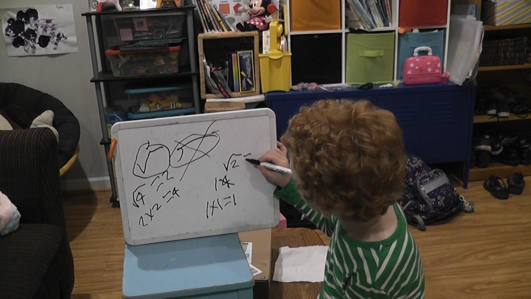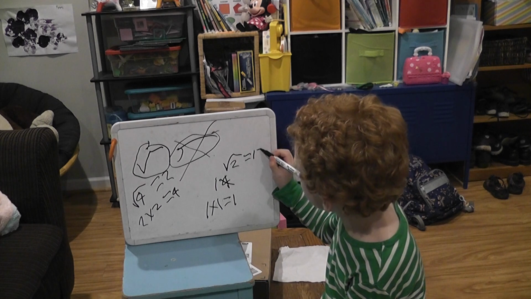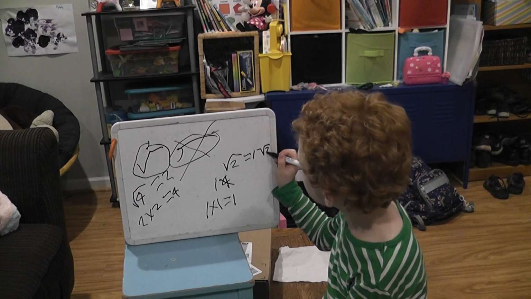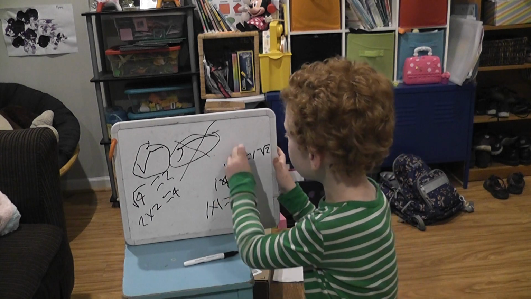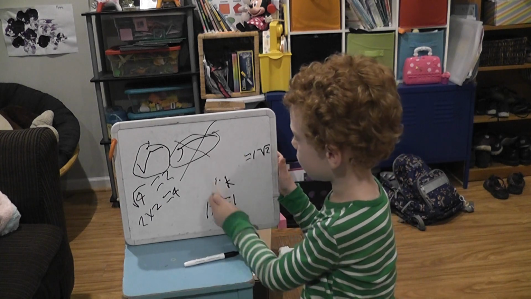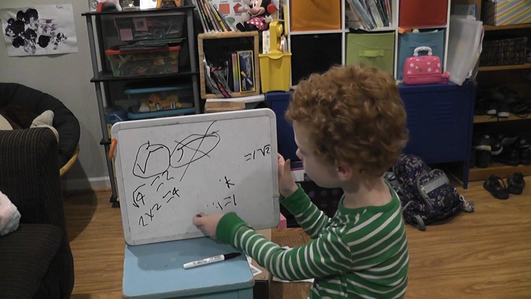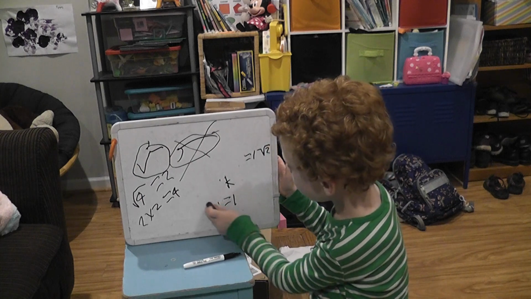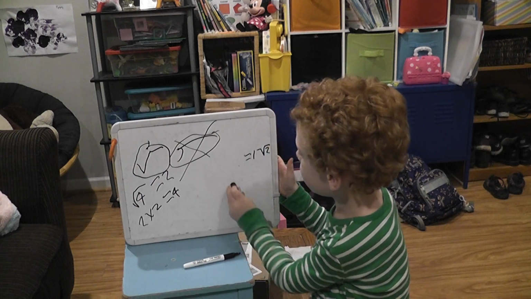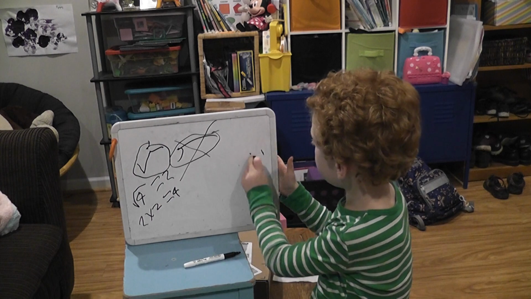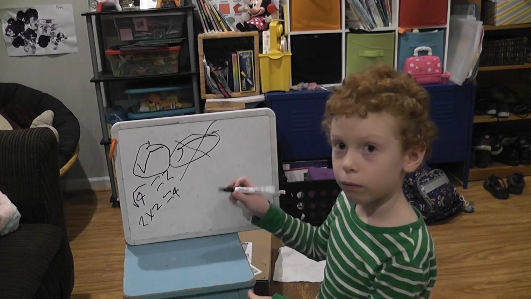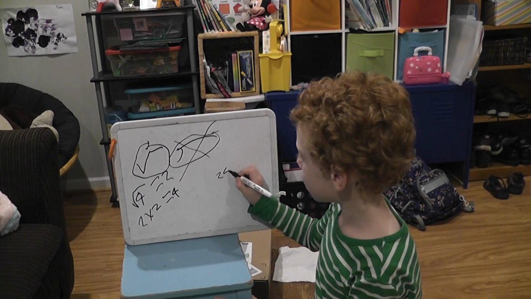And the square root of 2, I think, would be 1 root 2. It looks like multiplying by 1 is the same thing.